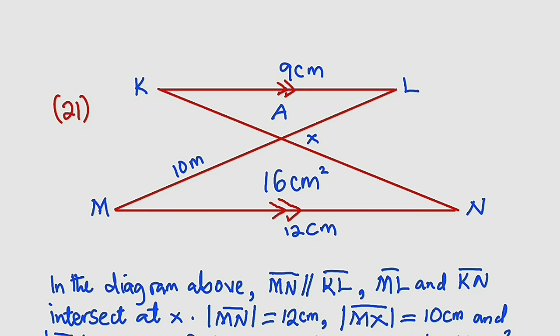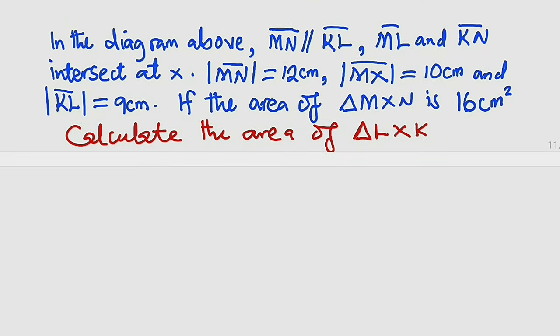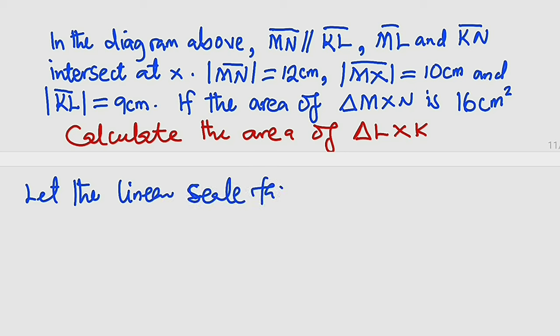Let us start with linear scale factor. What is linear scale factor? We need to find two lines that correspond. We know that this line and this line correspond. So we need to find that value which we can multiply this small value 9 by to get 12. So that is our linear scale factor. So let the linear scale factor be something else.